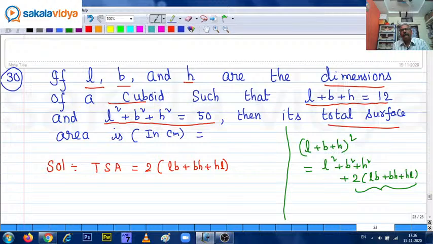That means L plus B plus H whole square minus L square plus B square plus H square gives us the total surface area. Both values are given. This is 12.